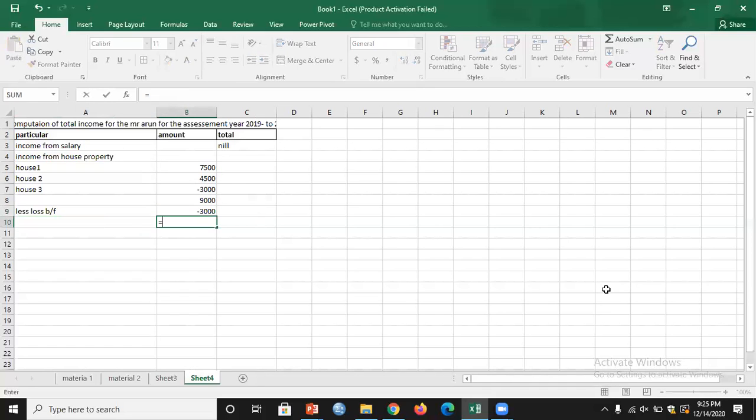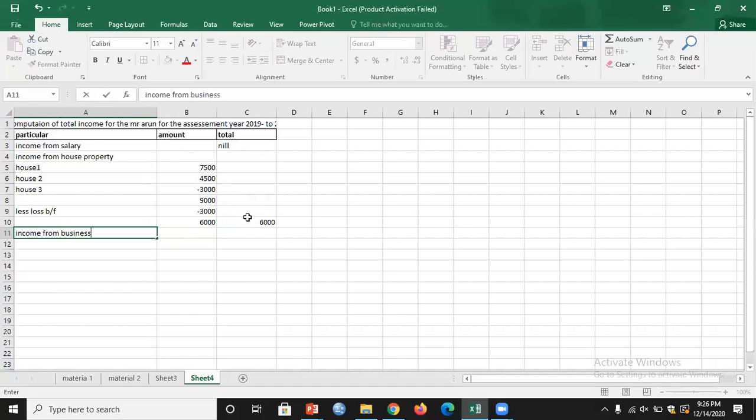So 9,000 minus 3,000, how much will it be? So we got an income from house property of around 6,000 rupees.